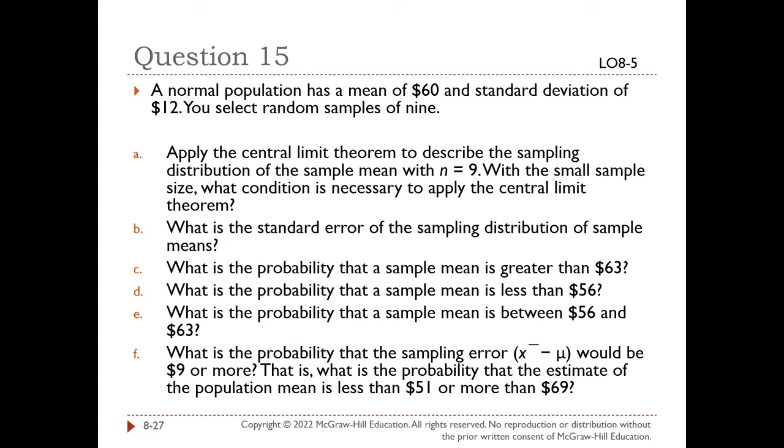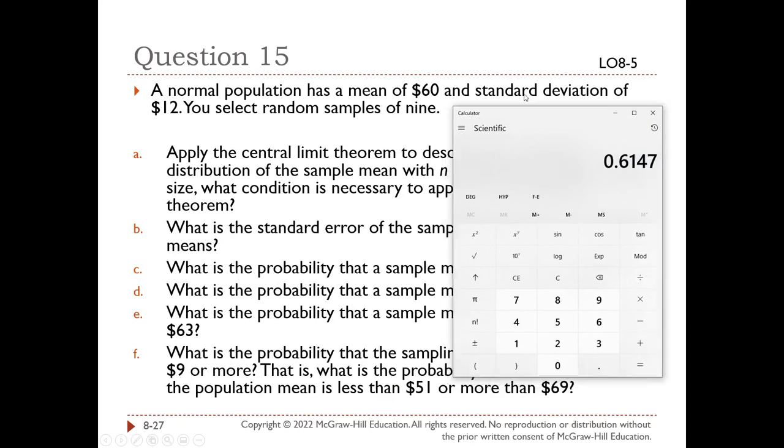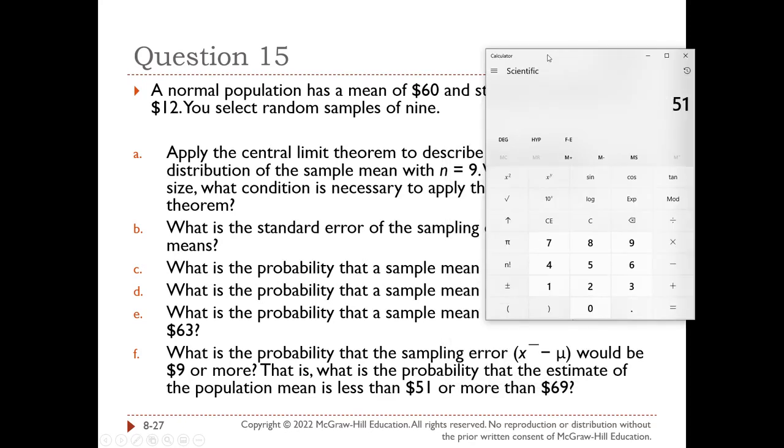Okay, so calculator. Again, take 51 minus 60, divide by 4, 2.25. Okay. And of course, also if you took 69 minus 60, divide by 4. So our z-value is 2.25.